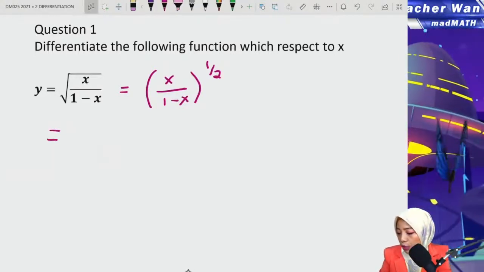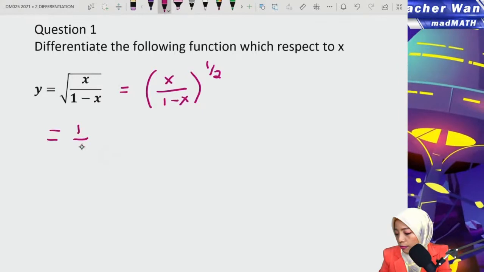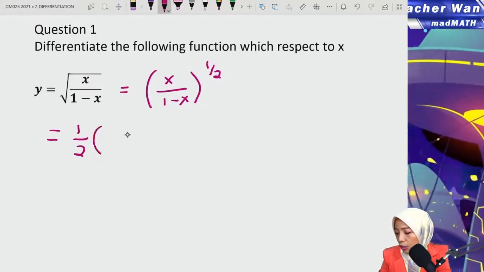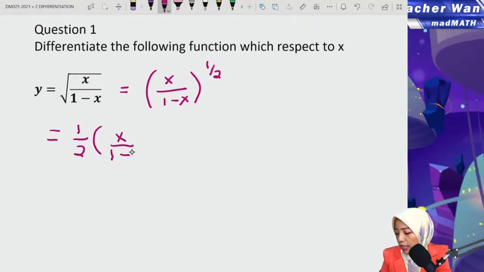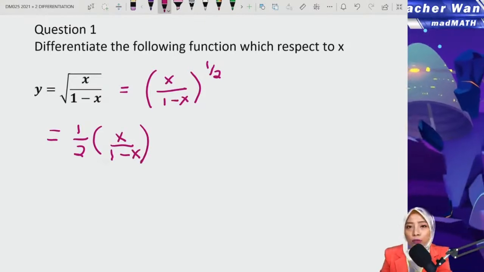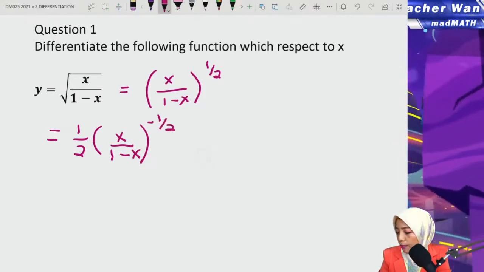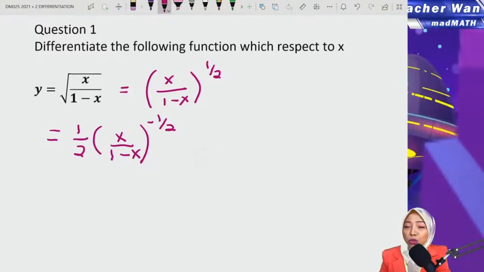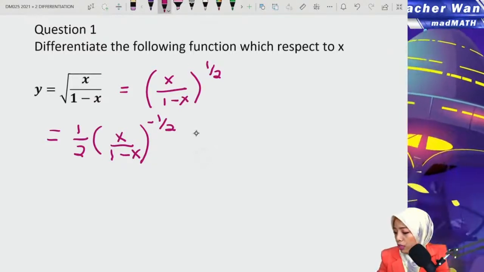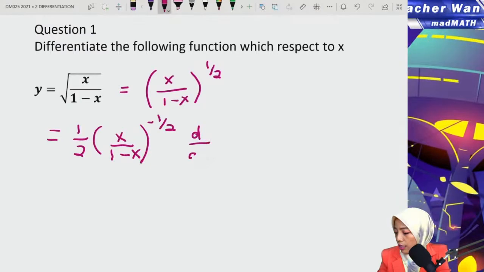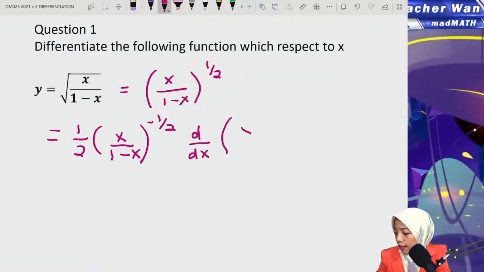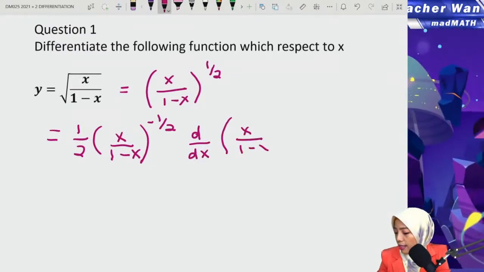And then you bring down 1 over 2, x over 1 minus x. 1 over 2 minus 1, we get negative 1 over 2. And now we are going to differentiate using the quotient rule, so we write down d/dx of x over 1 minus x.